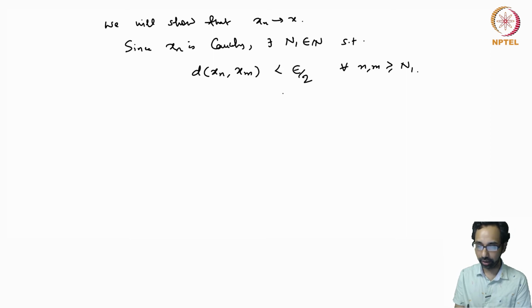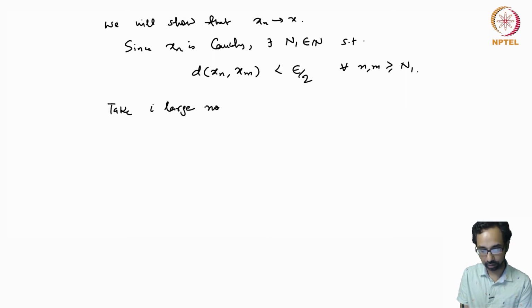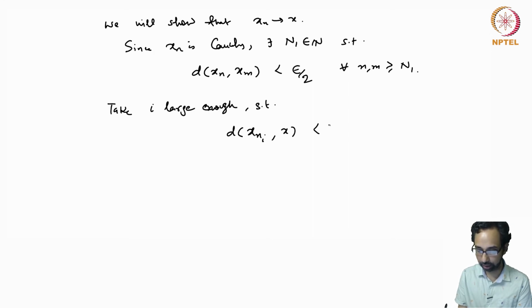So now we have this n_1, and now take i large enough such that the distance between x_{n_i} and x is less than epsilon by 2, and we want n_i also to be greater than or equal to n_1.